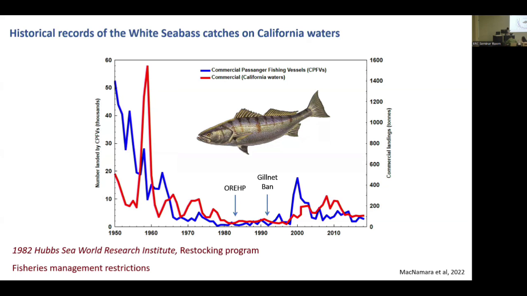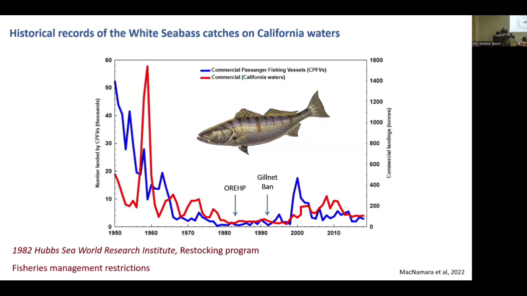So it has been running for around 40 years. During the same period, they started some fisheries management restrictions such as a closed season and the gillnet ban, and in sport fishing, they started reducing the number of fish that people can catch during a one-day trip.